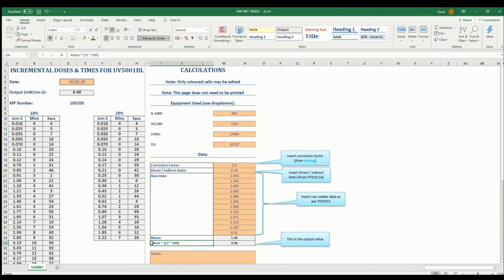So multiplying the detector reading by the correction factor and the direct to indirect ratio gives us a final designated patient irradiance of 4.98. That then informs the time of exposure to deliver the various doses.